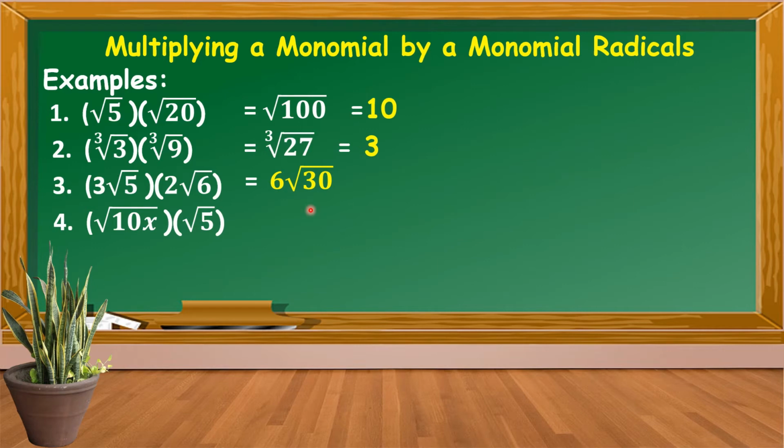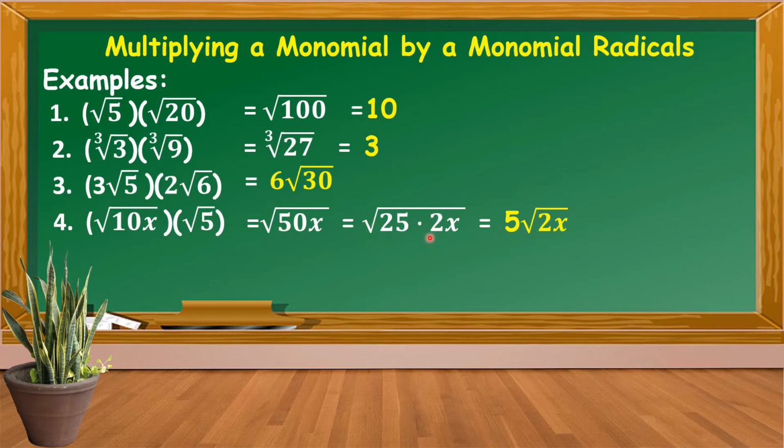We'll proceed to number 4. The square root of 10x times the square root of 5. So, magkapareha yung index, multiply the radicand, that is square root of 50x. And we all know that 50 has a factor wherein one factor is a perfect square. So, ano yung factors na 50 na ang isang factor perfect square?